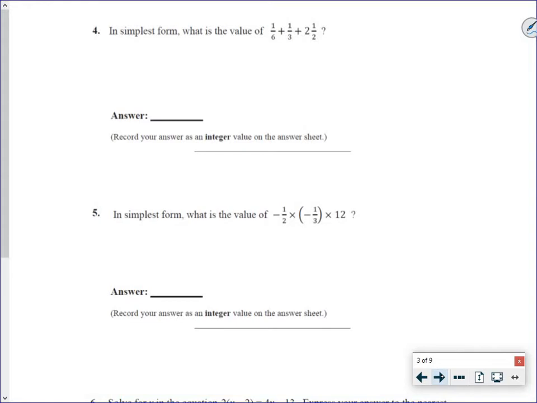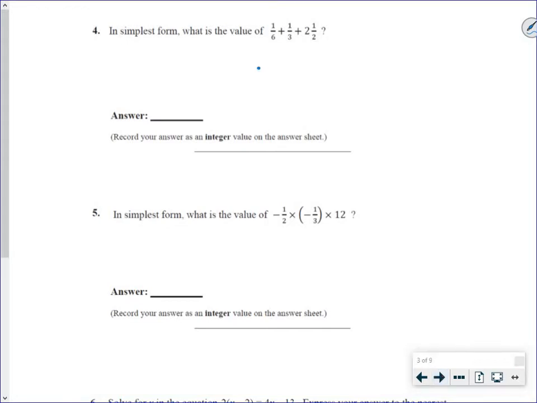In simplest form, what's the value of this fraction? Okay, so 1/6, 1/3, and 2.5. Remember with fractions, if you're going to be adding fractions, you need the denominators to be the same before you can go any further.